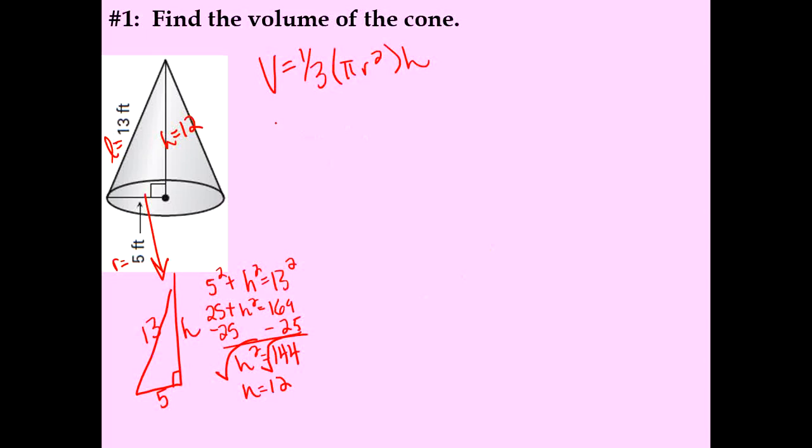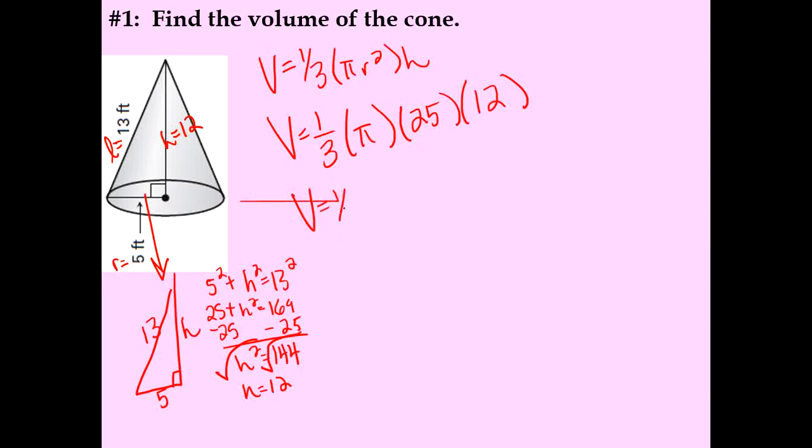Okay, now we have everything that we need. It's going to be 1/3 times pi times the radius squared, which is 25, times the height, which is 12. 25 times 12 is 300, and then 1/3 pi times 300, or 300 divided by 3, is 100 pi, which is a nice number.